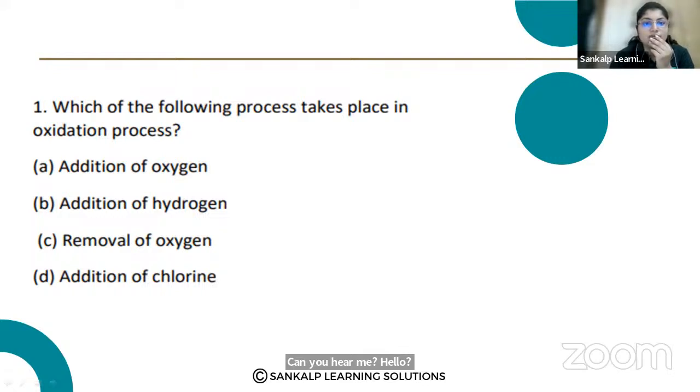Which of the following processes takes place in the oxidation process? A, addition of oxygen. B, addition of hydrogen.